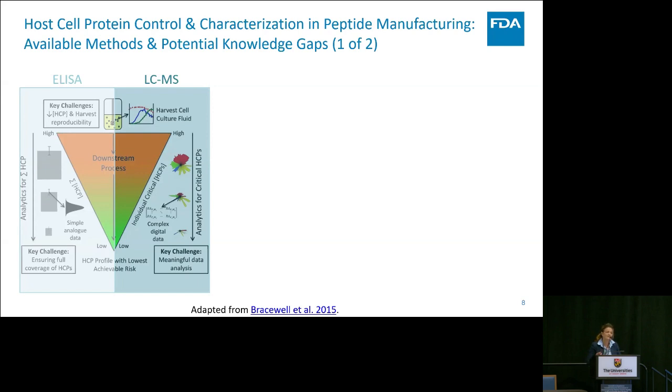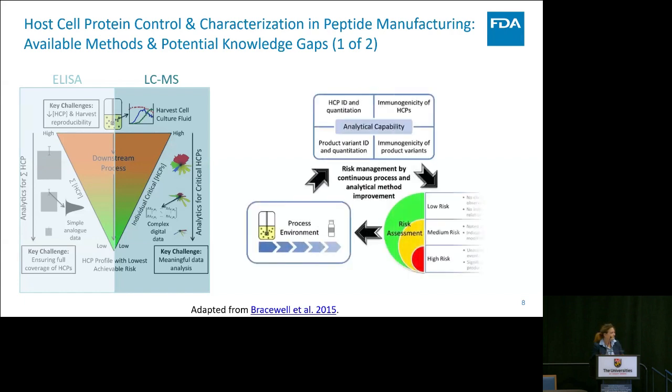Increasingly, there's a lot of talk about using mass spectrometry, which is a high-throughput method that has good sensitivity, but also has its challenges, notably in the interpretation of the results, and also requires instruments that have a big dynamic range, just because host cell proteins are present in the drug product at much lower levels than the peptide product itself.